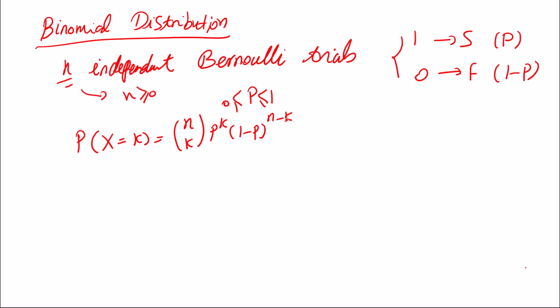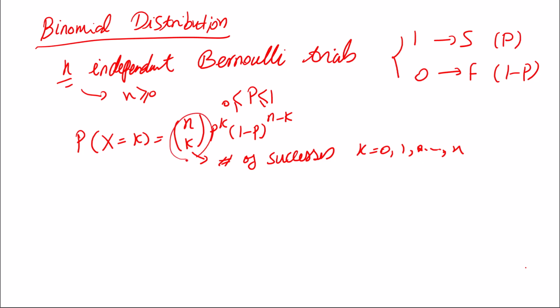Here, k is the number of successes, and this k can be 0, 1, up to n, because the maximum we can have is n.